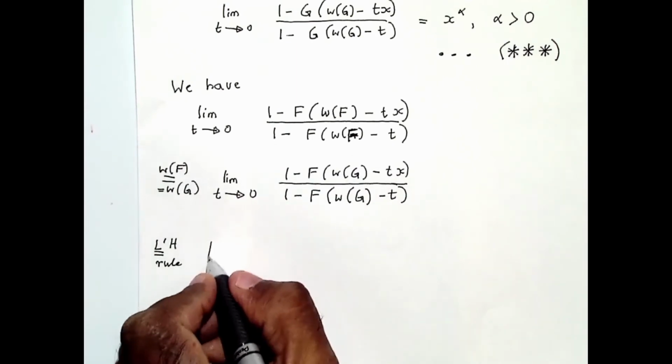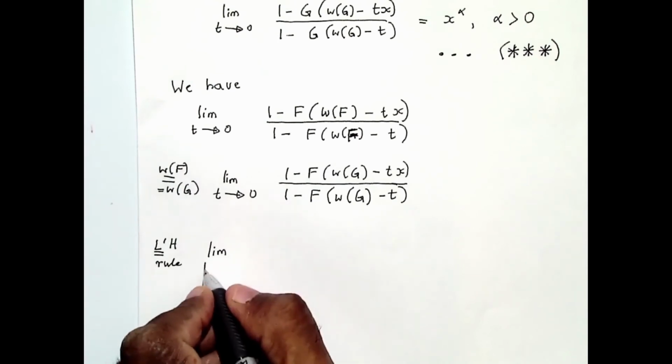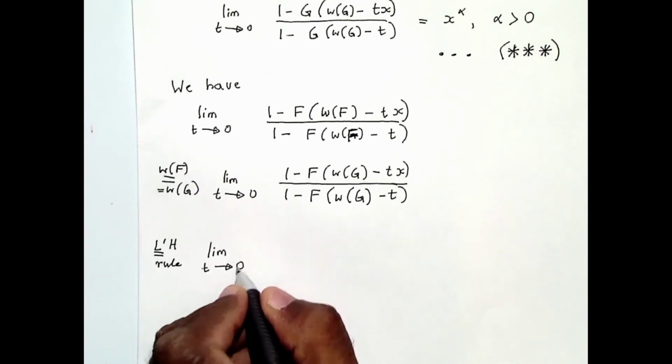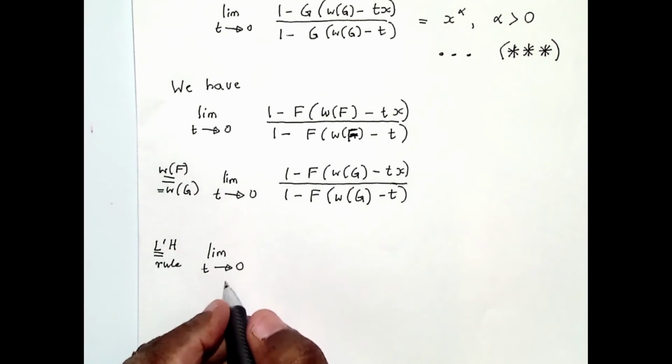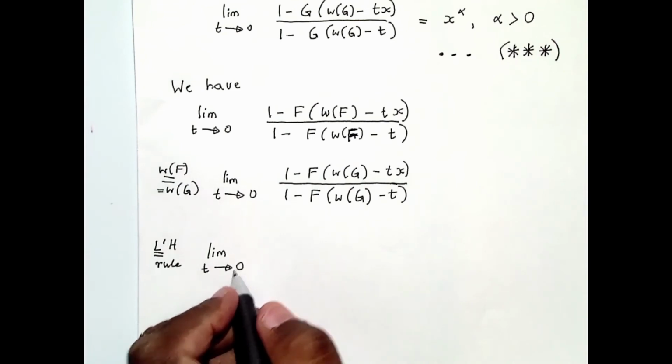So this is going to be the limit as t approaches 0 of the following.